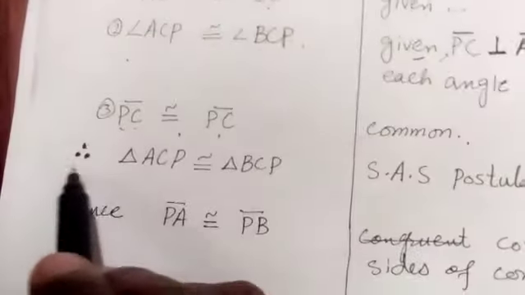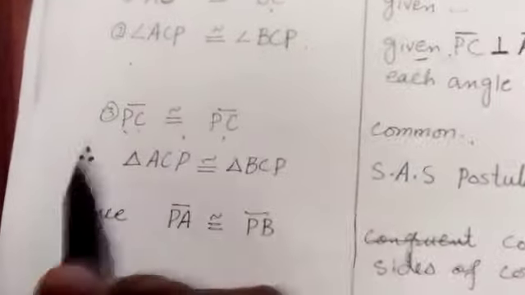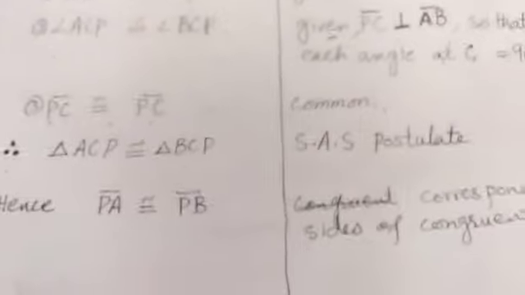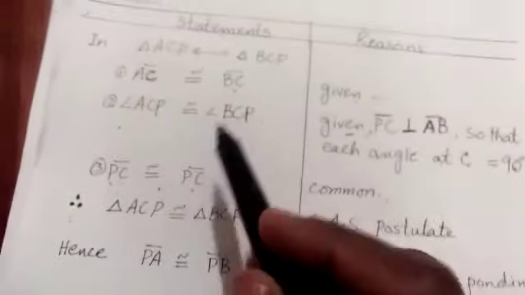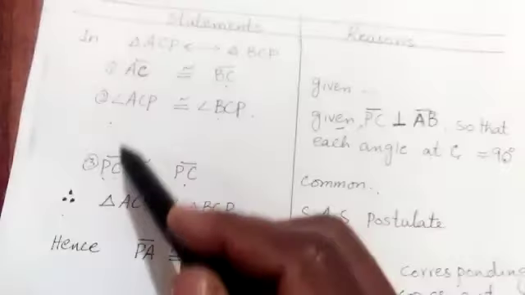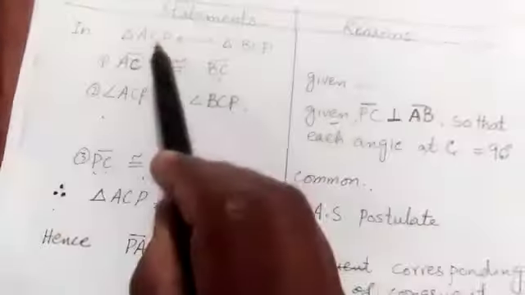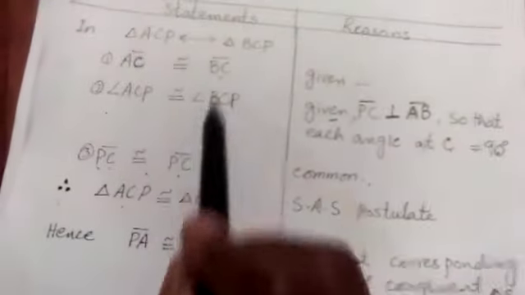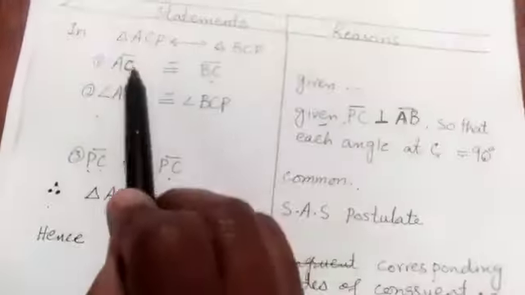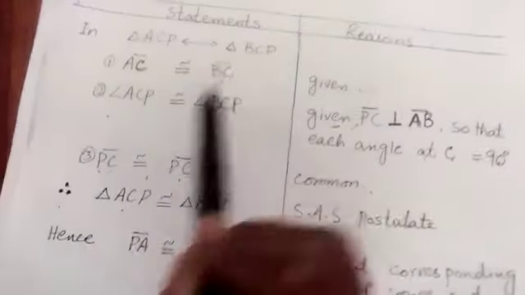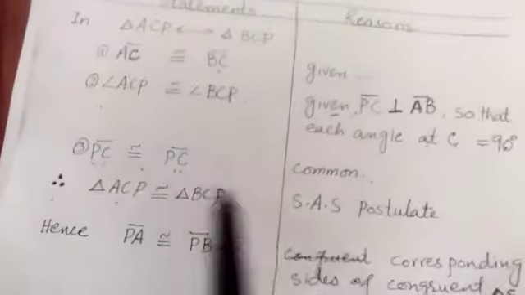Therefore, this is the sign of therefore or hence. ACP is congruent to BCP. Now after three statements, we can say that triangle ACP is congruent to triangle BCP according to the side angle side postulate.